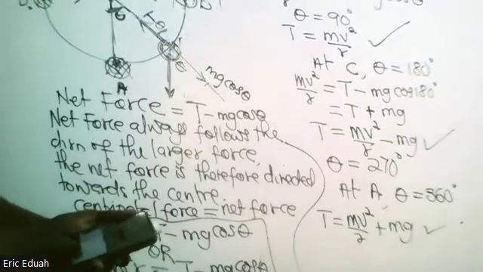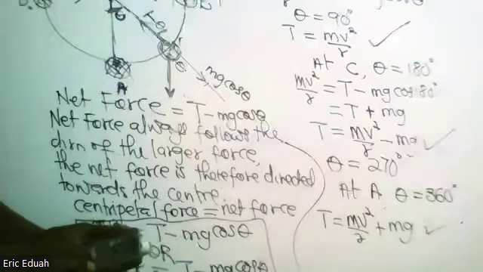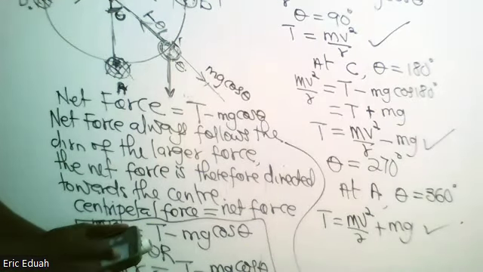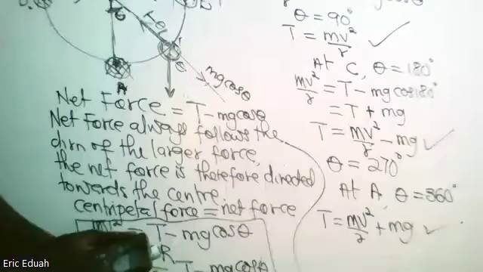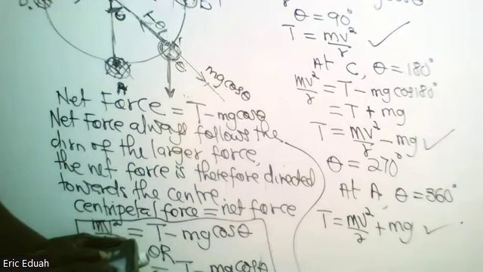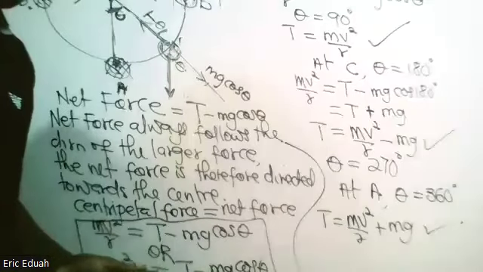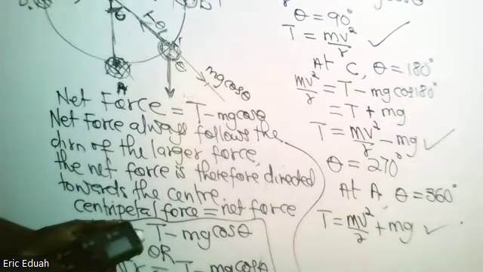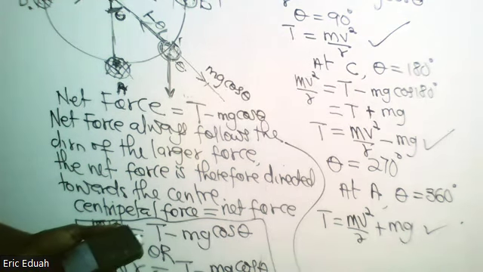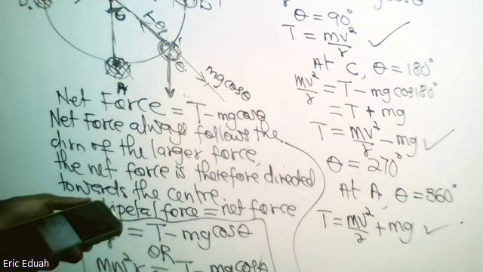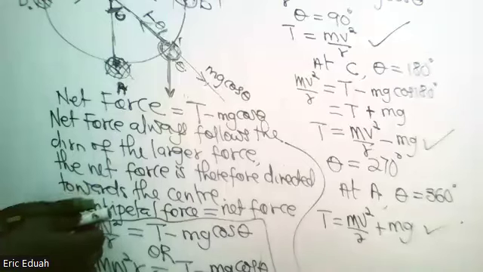I think at C tension will be minimum, and at A tension will be maximum. At A, where it attains 360 degrees, tension will be maximum. But at C, where it attains 180 degrees, tension will be minimum. Good. That is it.